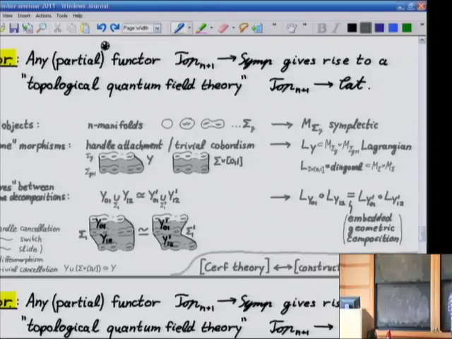Right? So like handle attachments in the cobordism category, or in the symplectic category, the smooth Lagrangian submanifolds. By this horizontal algebraic composition, they generate all the morphisms. But I have this relation by the strip shrinking isomorphism on this side.